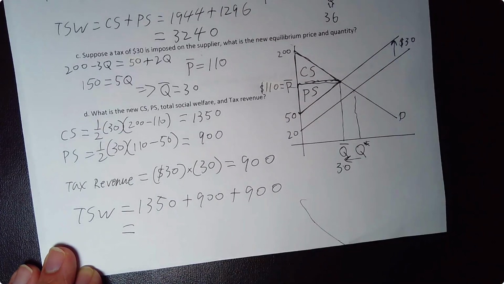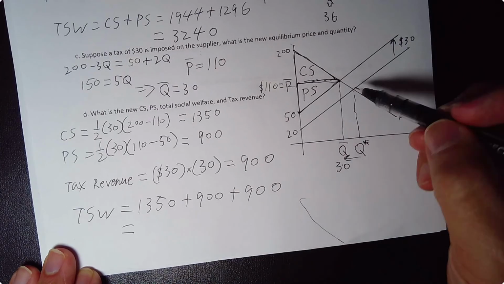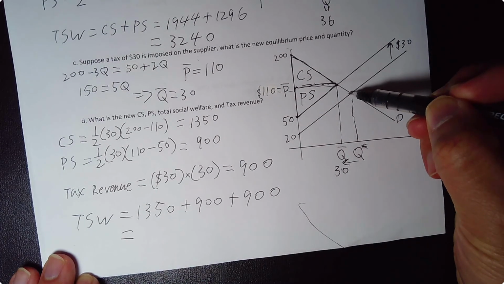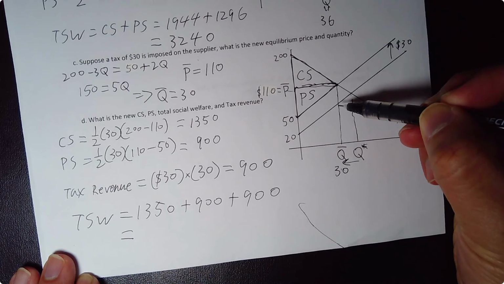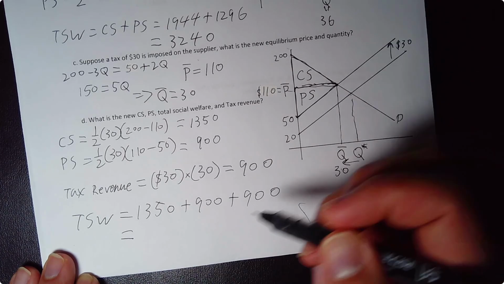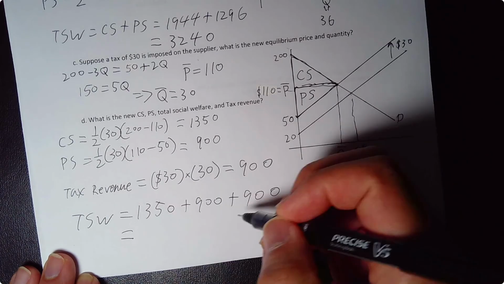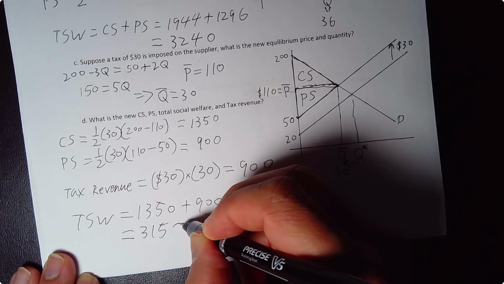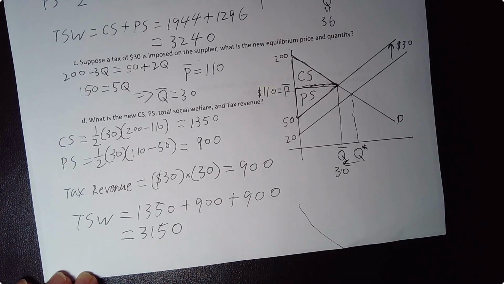And your intuition should tell you that it should be lower. Why? Because I have what is called a deadweight loss. Right? I have this small triangle here that is taken away from consumer surplus and producer surplus. Right? So the total here, 3150. Okay, and that is the numerical method.